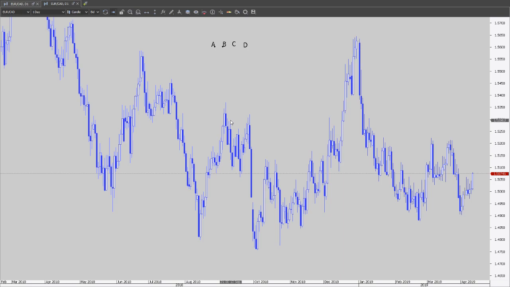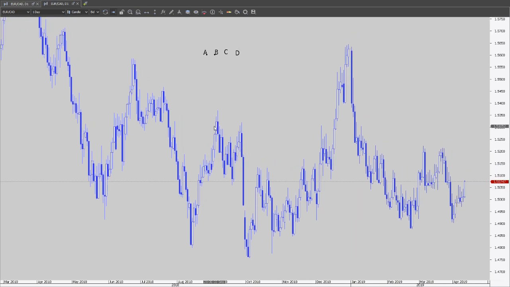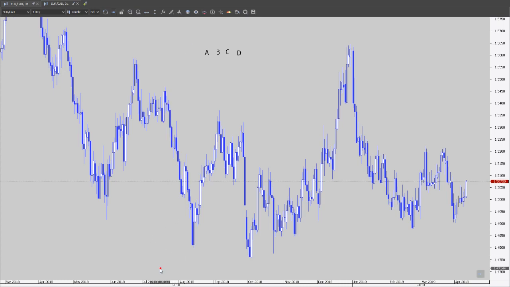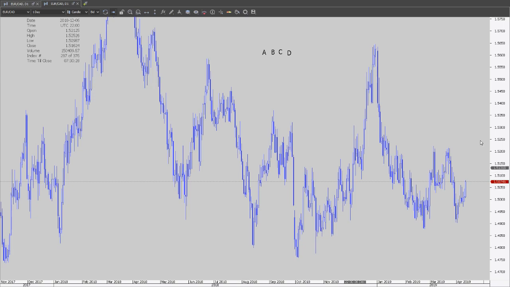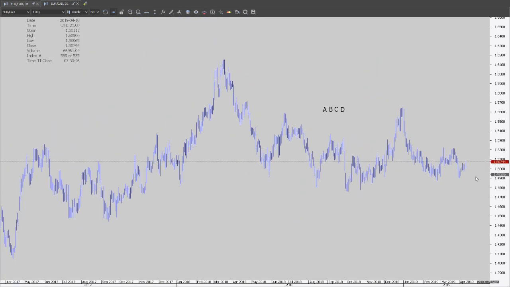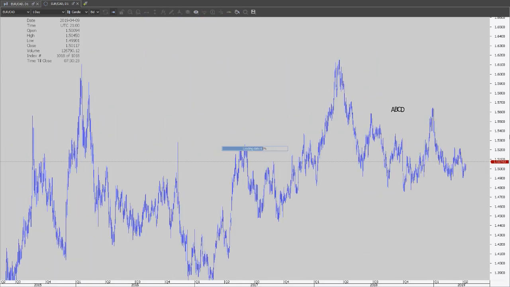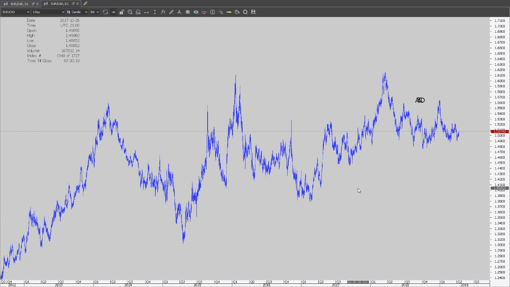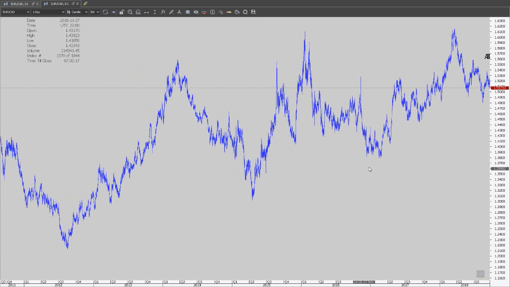Now, the A is the starting point of the trend, the lowest low or the highest high. If this is the daily chart, it is wrong for me to assume this is the starting point, because this is not the trend. When we are talking about trends, everybody, we are talking about the general overall trend. So I need to compress the chart as much as possible in order to see what is happening.